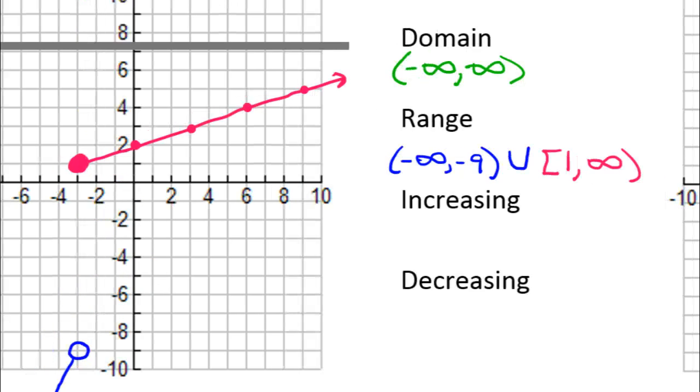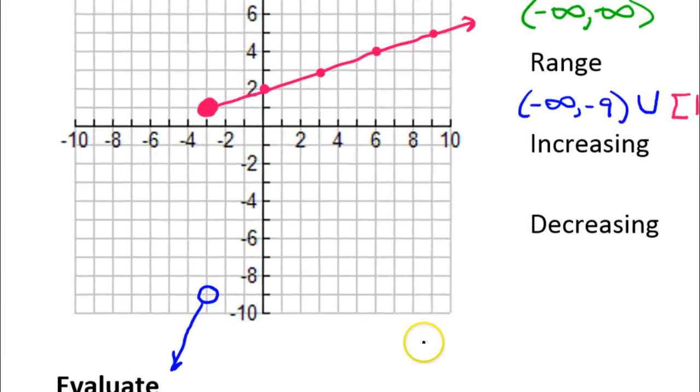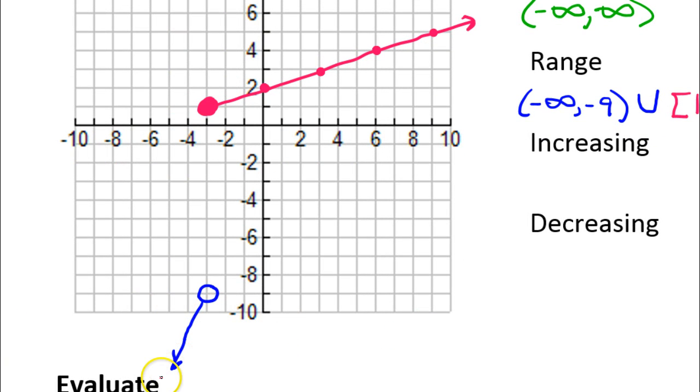Now, how about increasing and decreasing? From left to right, I would be going uphill along the blue part of the graph, and then I would still be going uphill for the pink part of the graph. So I'm going uphill over the entire graph. So I'm going uphill at every single x value.